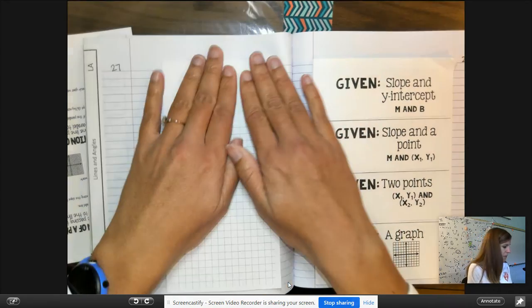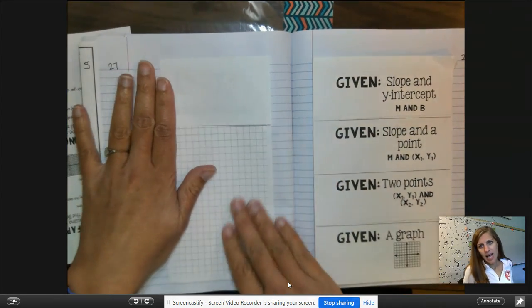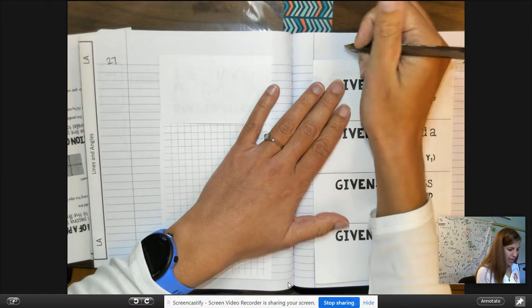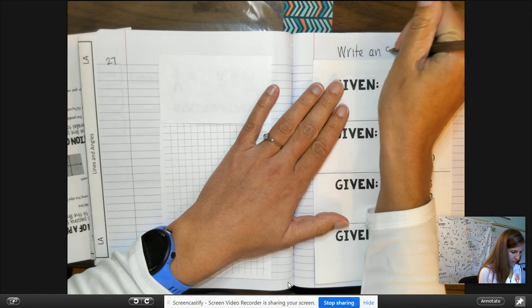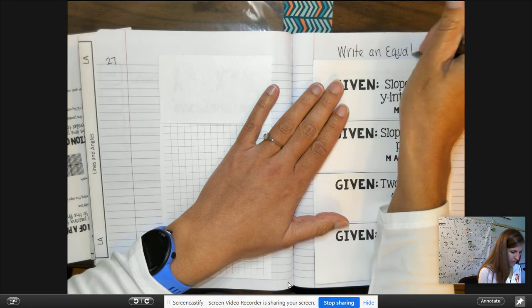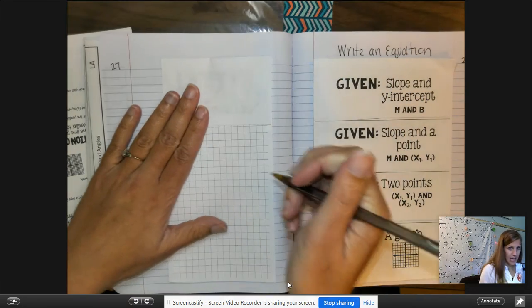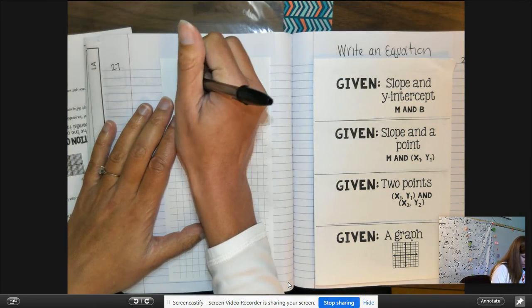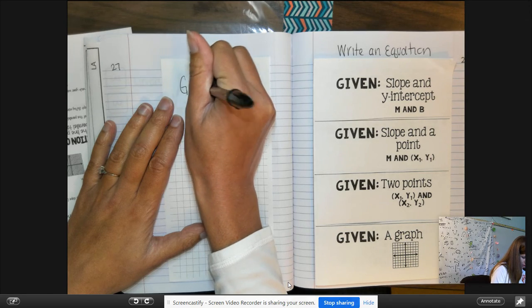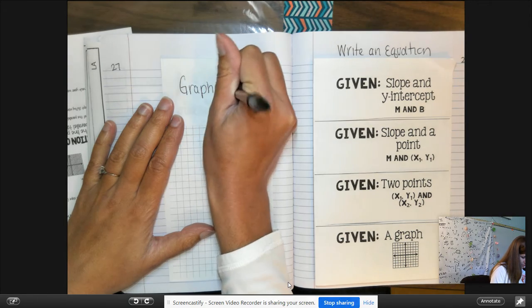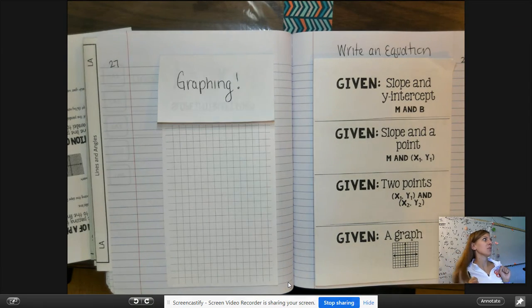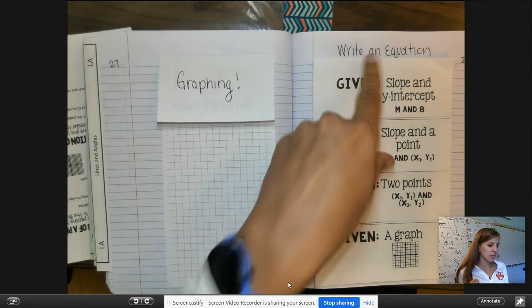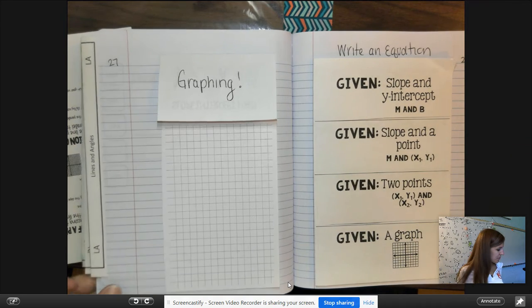So specifically, we want to look at lines and how we write the equation of a line. And then over here, how we graph the line.